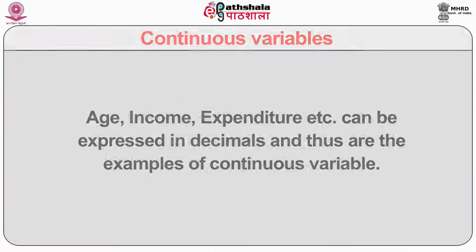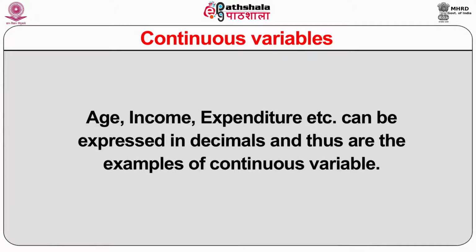Qualitative phenomena or the behavioral attributes can also be quantified. There are different types of variables as presented below. Continuous variables. These are phenomena that can take on different values quantitatively, even in decimal points, and are called continuous variables. Age, income, expenditure, etc. can be expressed in decimals and thus are examples of continuous variables.